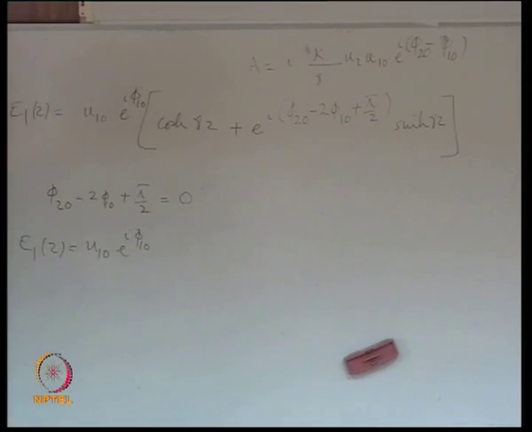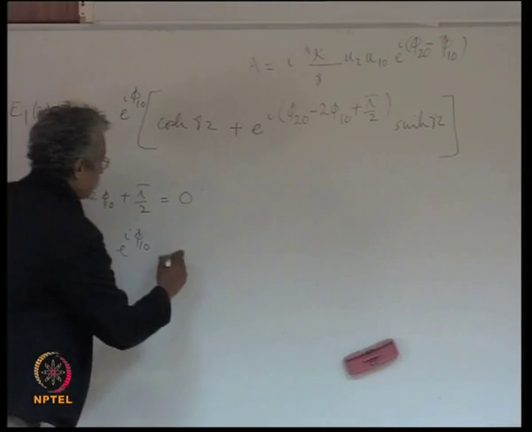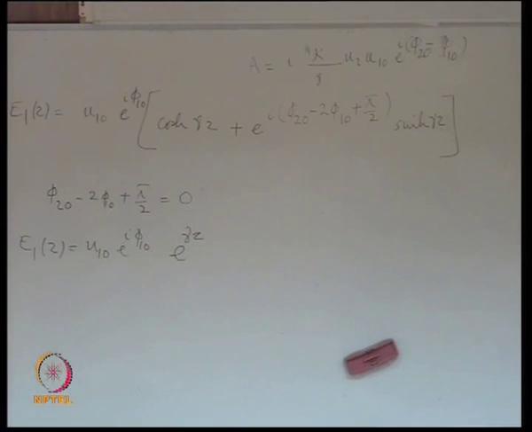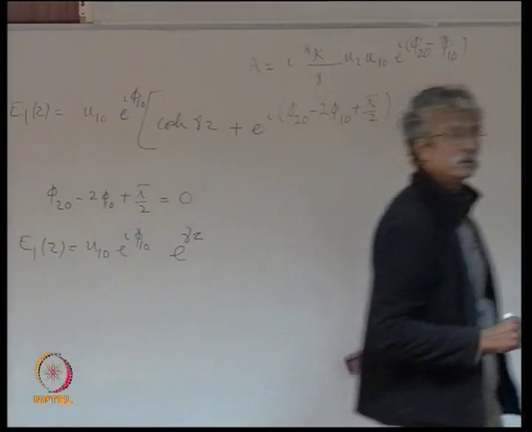What happens to this sum? The exponential becomes 1, and the sum of cos hyperbolic and sine hyperbolic becomes exponential gamma Z. Cos hyperbolic x plus sine hyperbolic x is exponential x.